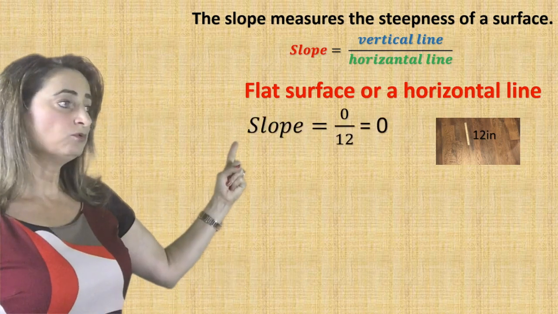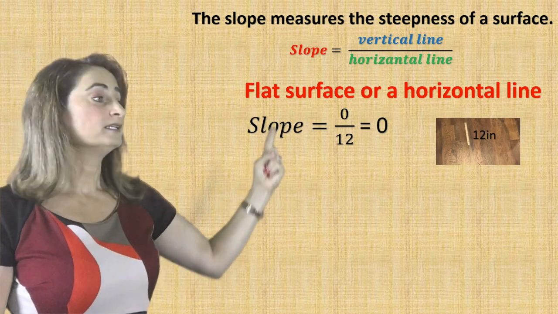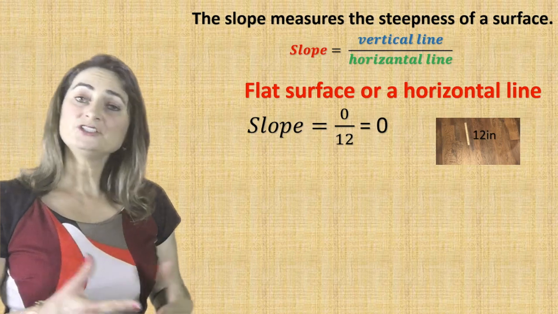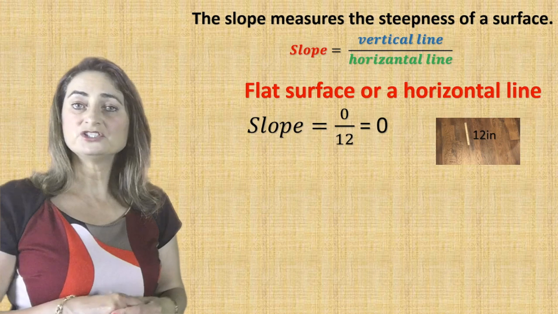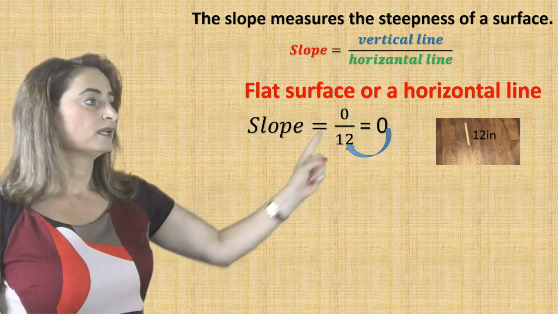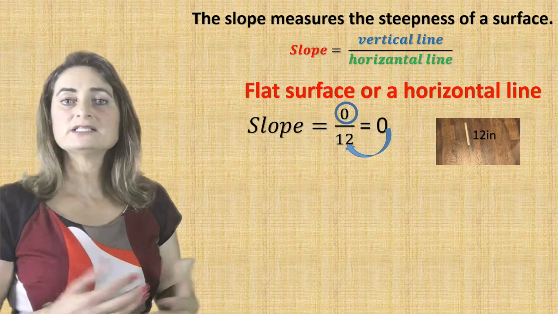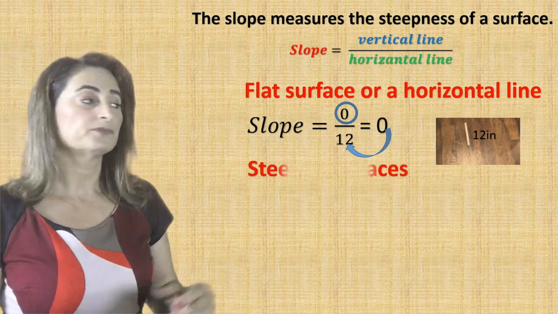So the slope equals the vertical line, 0, divided by 12, which is the length of the ruler. 0 divided by 12 equals 0. I can check my answer by doing the inverse operation, and the inverse operation of division is multiplication. 0 times 12, does it equal 0? Yes, and that's how I know my answer is right. So the slope of a flat surface equals 0.